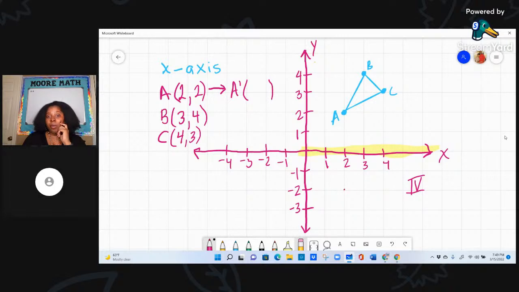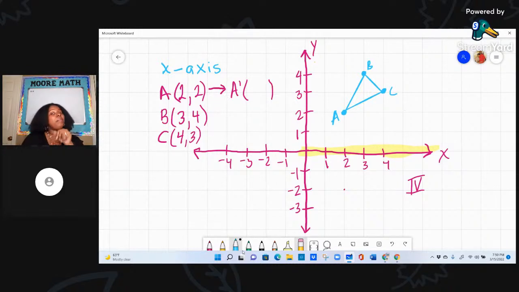X. Okay, so if X is negative 2, what's Y? 2. Okay, so negative 2, 2, watch this. Negative 2, 2 would be right here. Is that reflecting over the x-axis? No. No, right? So now if we said y-axis, absolutely. That would have been the correct answer.